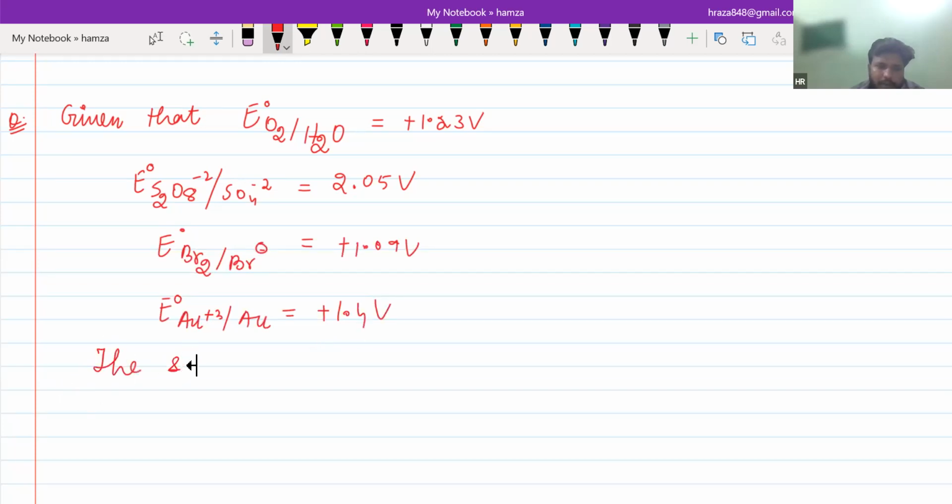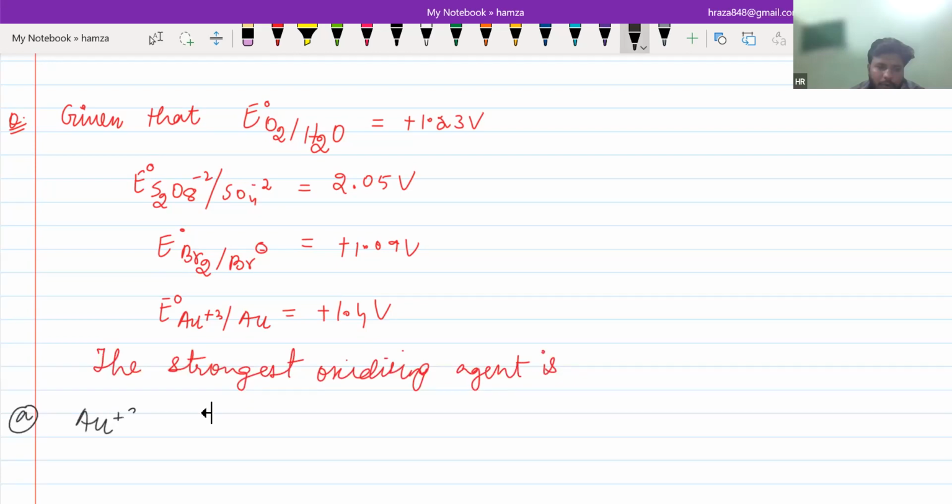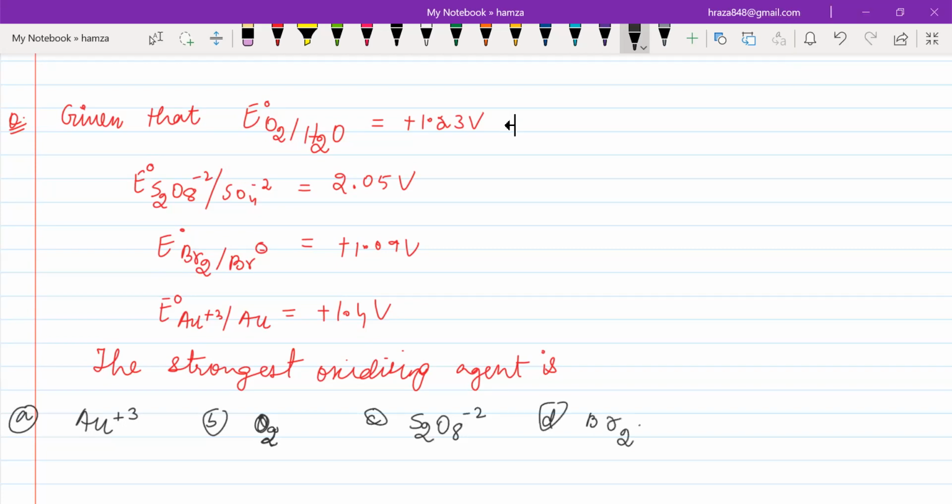The strongest oxidizing agent is, I'm going to give you options: Au3+, O2, S2O8 2-, Br2. Please write the question. Please do this.